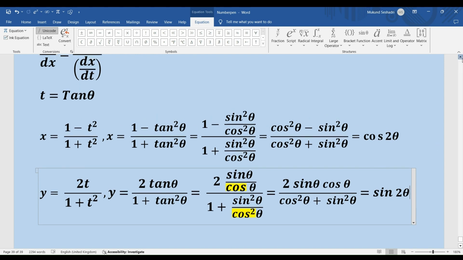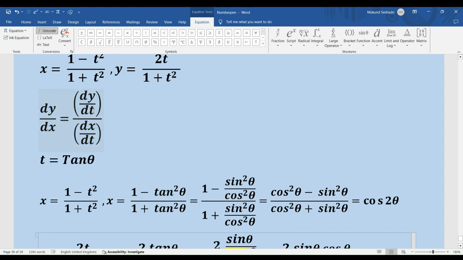We will go to our dy by dx expression. I'm going to make a small modification. When my dy by dx equals dy by dt divided by dx by dt, now I have connected my x and y not through t but through theta. So therefore my dy by dx can be equal to dy by d theta divided by dx by d theta.